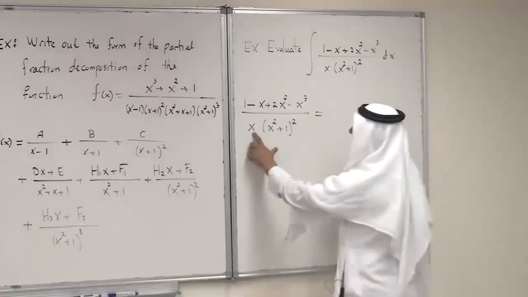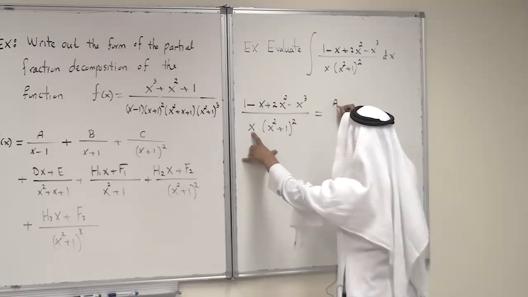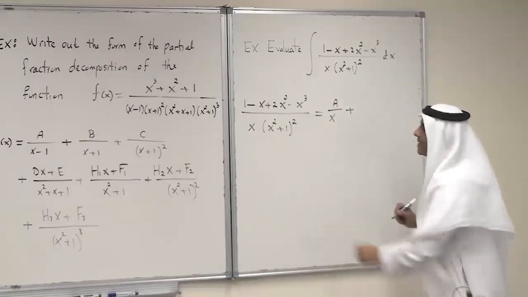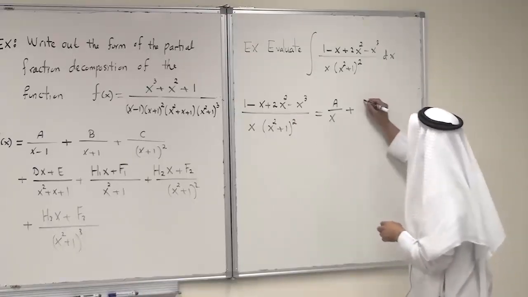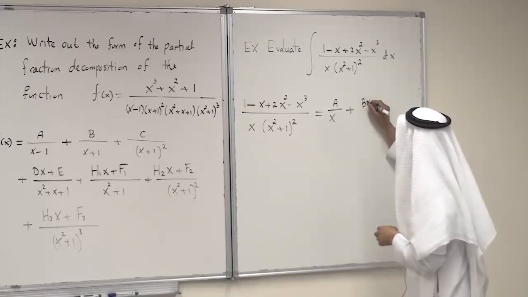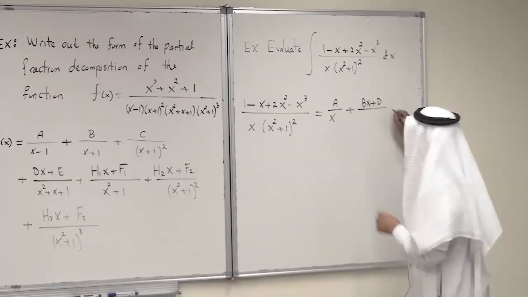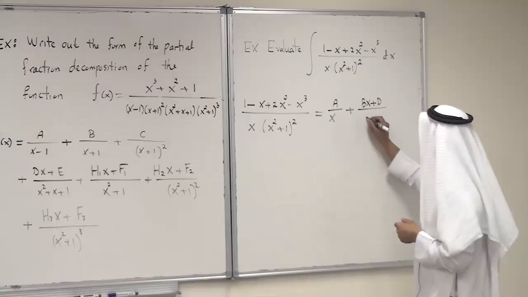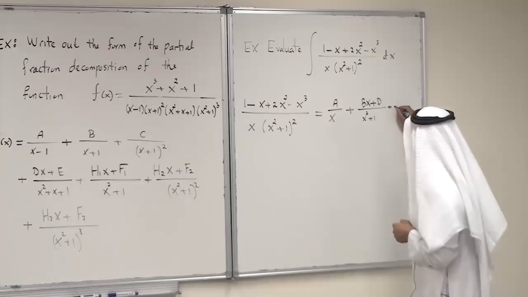For x, it is linear, so we need a constant. So I call it a divided by x, plus. This is quadratic repeated, so I need two polynomials of degree 1. So I have bx, for example, plus d. I will save the letter c for the constant of integration. So it is bx plus d divided by x squared plus 1, plus the last one now.